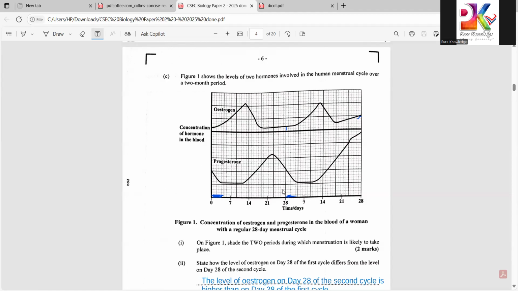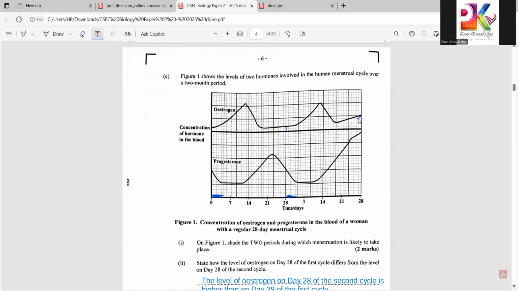Then it says state the level of estrogen on day 28 of the first cycle and the level of estrogen on day 28 of the second cycle. Here is the estrogen on the first cycle, and this is the estrogen on the second cycle.